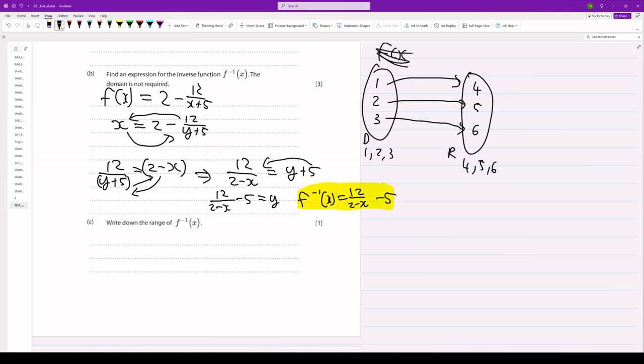But then if I have the inverse function, the one that goes backwards, it goes the other way along this, well then that means that the domain is the range of the before one. Try and wrap your head around that one.